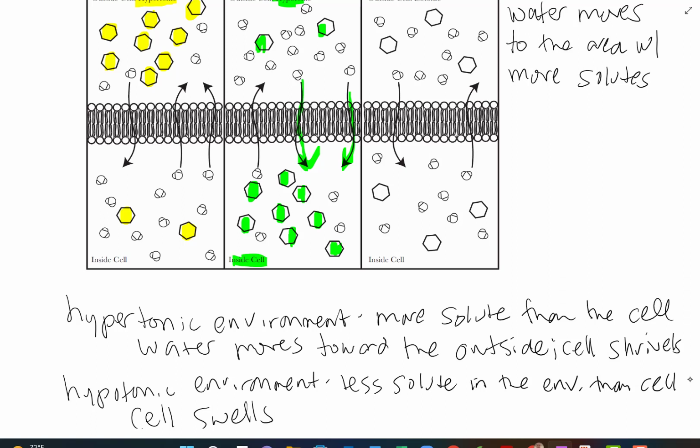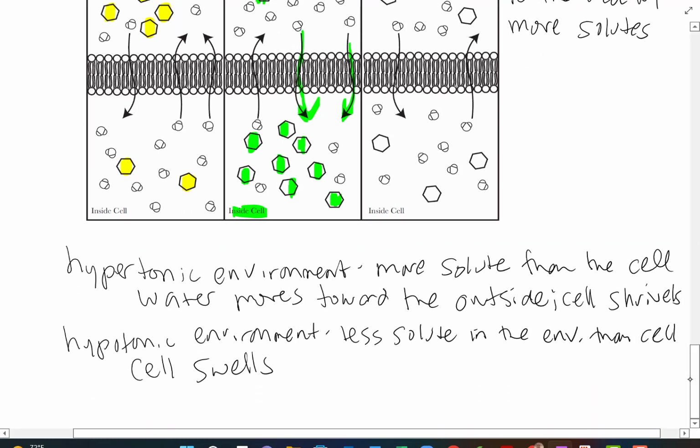And so this helps to keep your cells from gaining too much water. It's going to rehydrate you, but it's going to keep your cells from bursting or lysing. But in a hypotonic environment, cells can swell. Plant cells like this type of environment.